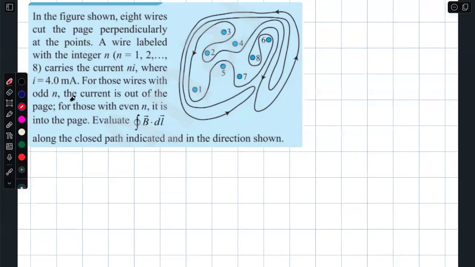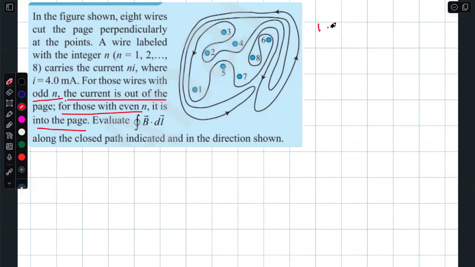You read this: for odd n, current is out of the page. For even n, it is into the page. What exactly does he mean?